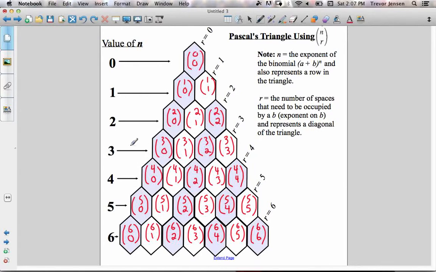Notice we're all using combinations in the form n choose r, where n is the exponent on the binomial. That's why the n value for each of the combinations is 4. And then for each term in the expansion, the r value in the combination is the number of spots that need to be occupied by a b.